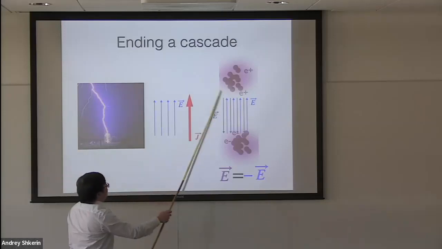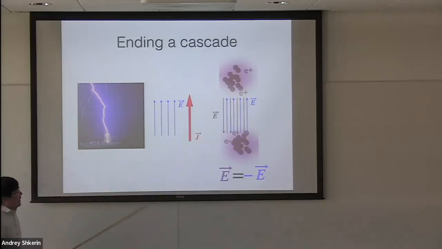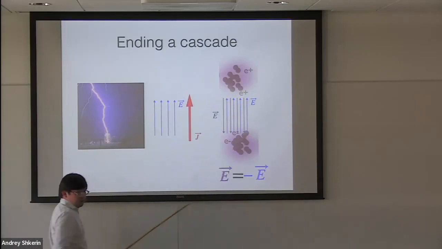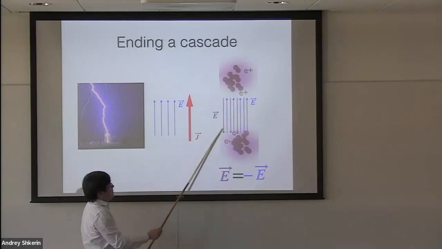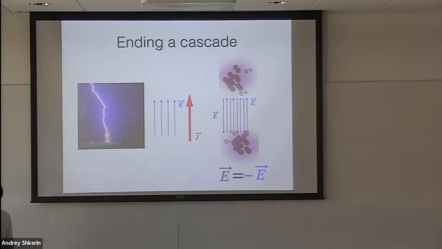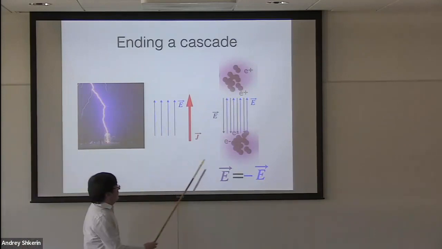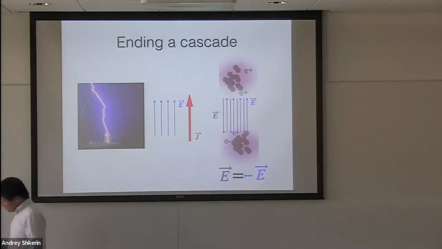Of course, these are not really positrons. And the negative charged particles go to the ground, right? And these charged particles, which get separated, create their own electric field, this purple electric field here, which tries to counterbalance the blue electric field you saw set up. And the cascade stops when I have E equal to minus the blue E, right? There's no electric field, no force anymore, and the cascade comes to an end.